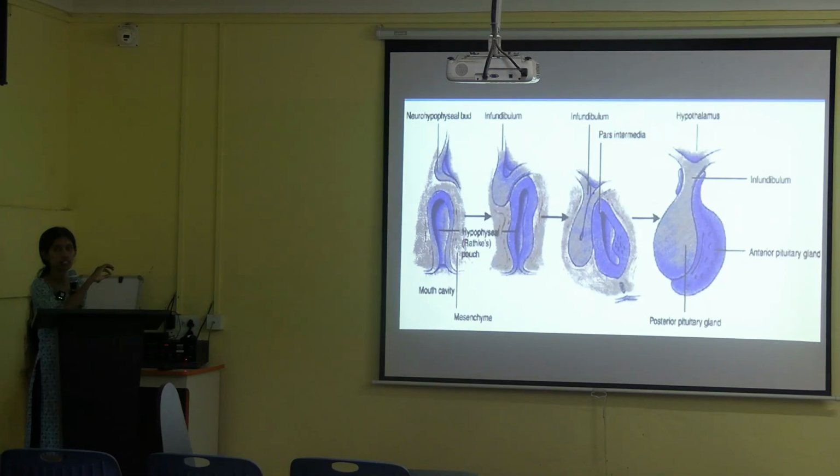So in the early stage of development, the anterior part of the pituitary gland is basically present in the oral cavity region. As the development continues, it will move to your cranial cavity region. If this fails to happen, the anterior lobe or adenohypophysis part of the pituitary gland remains in the oral cavity region, and it will lead to a condition called pharyngeal hypophysis.